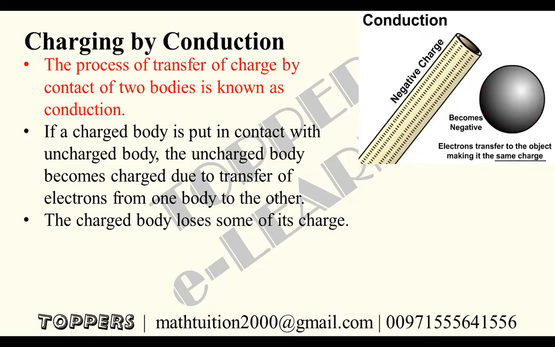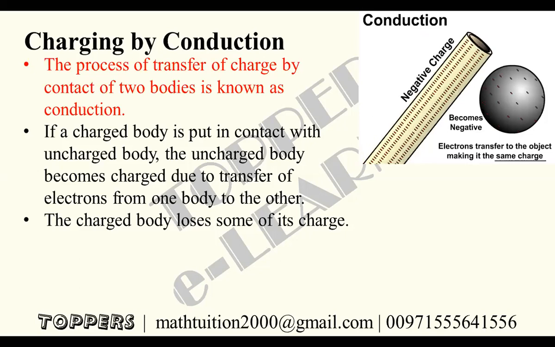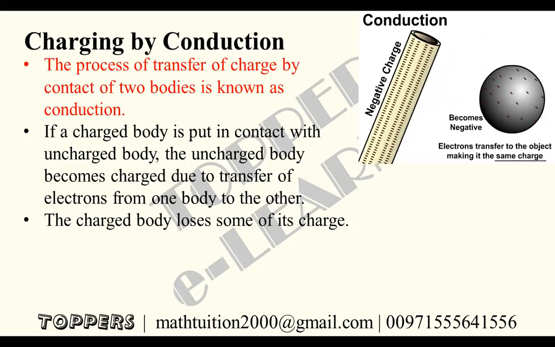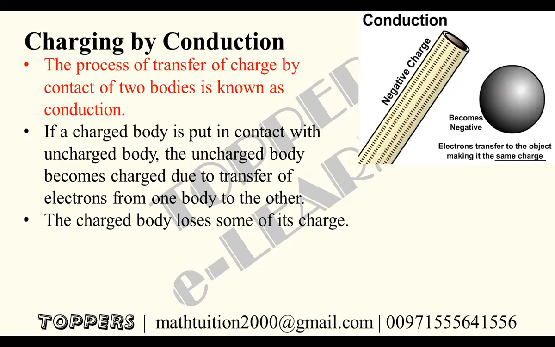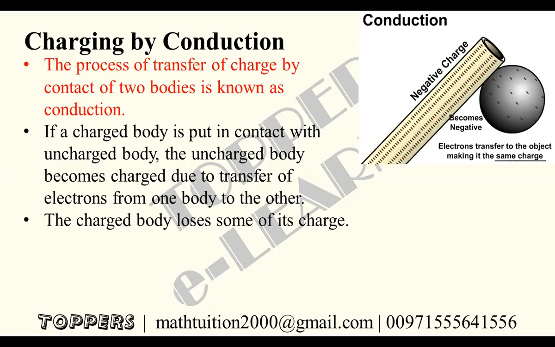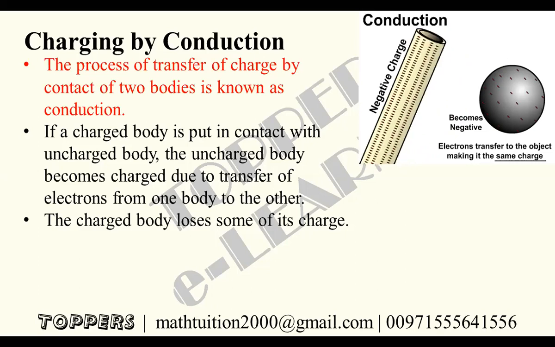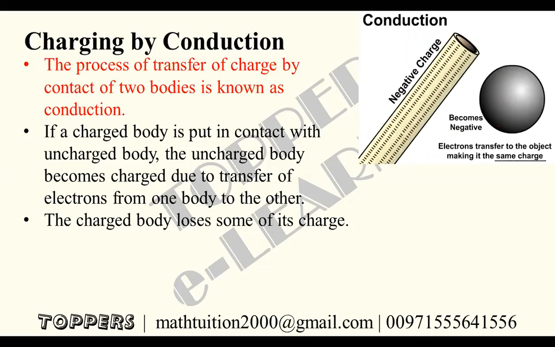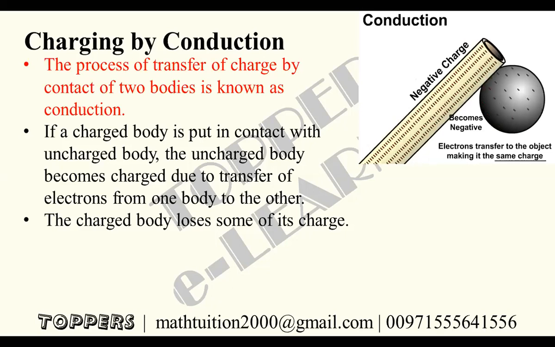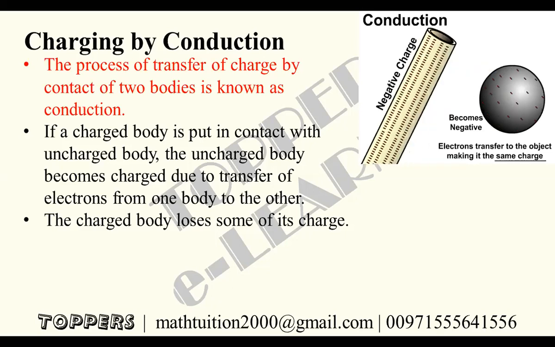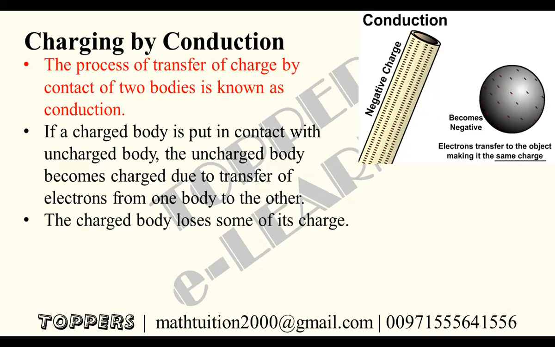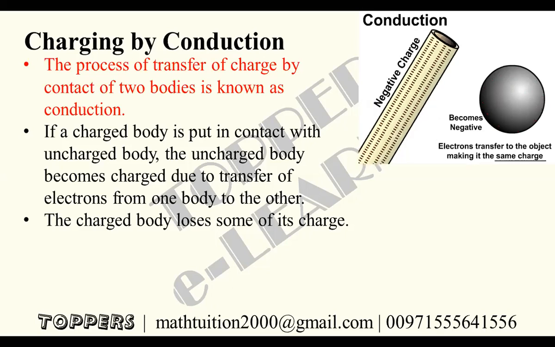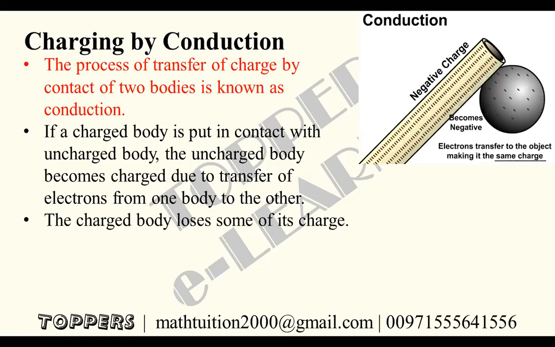When it comes in contact with another neutral body, the electrons will be transferred to the object, and they will share the charges equally. Suppose the charged body has 10 excess electrons. It will give 5 electrons to the other body.